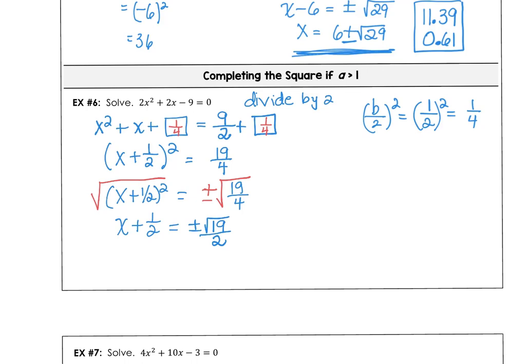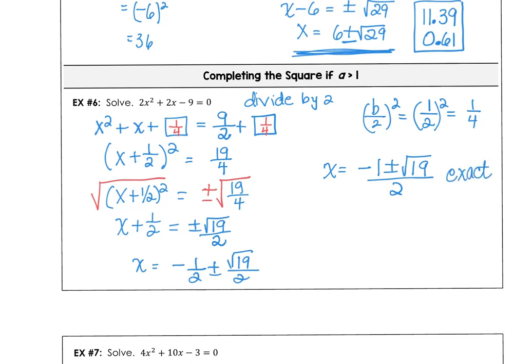And how convenient, we have x equals negative 1/2 plus or minus the square root of 19 over 2, which you can put together as negative 1 plus or minus the square root of 19, divided by 2. This is our exact solutions.